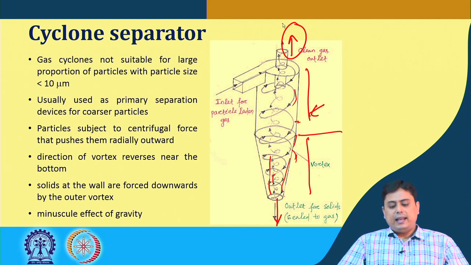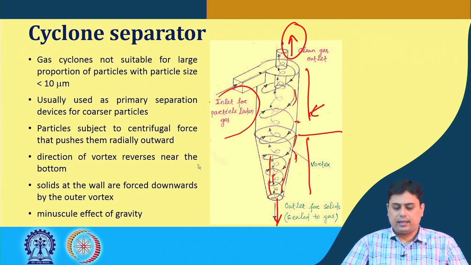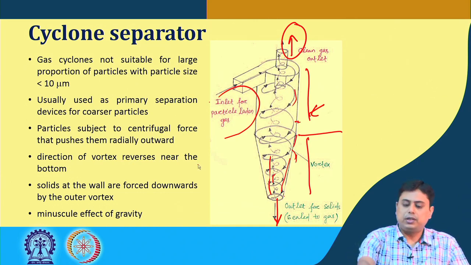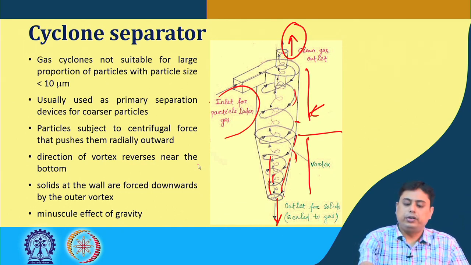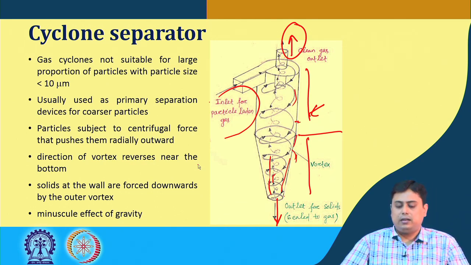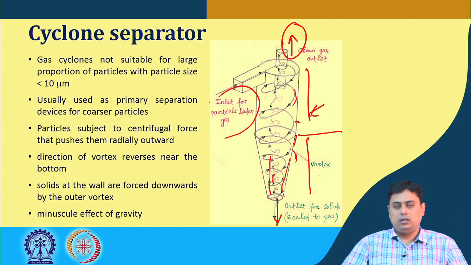So, this is an overview of the cyclone separator. The particle laden gas for gas cyclone operation comes in at a very high velocity due to tangential input. It creates a free vortex inside the cylindrical section, then it moves toward the conical section.